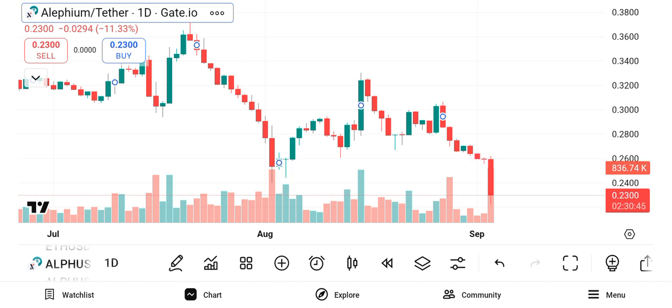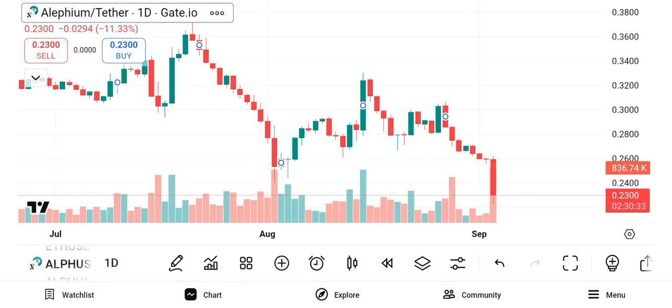We had this gravestone doji. We had a price increment to around 0.285 here. We had a resistance that was built here, and it still held around this point. So the price rallied to this point, then dropped.